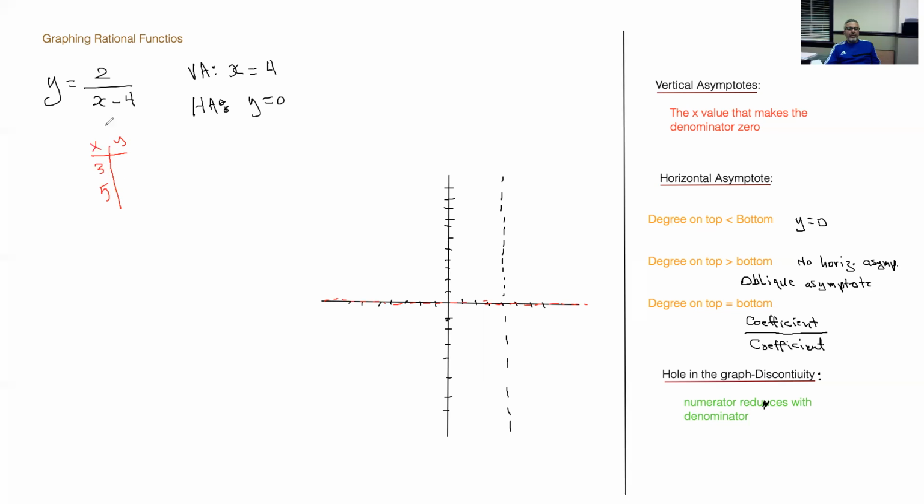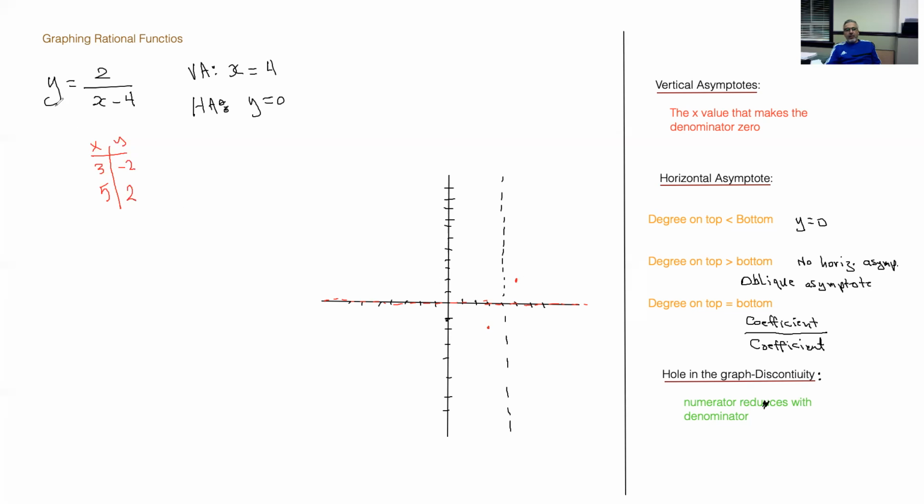If I plug in 3, that's 3 minus 4 is negative 1, 2 divided by negative 1 is negative 2. And if I plug in 5, 5 minus 4 is 1, 2 divided by 1 is 2. So I have a point at 3 and negative 2, and I have another point at 5 and 2.